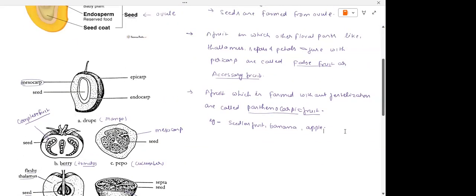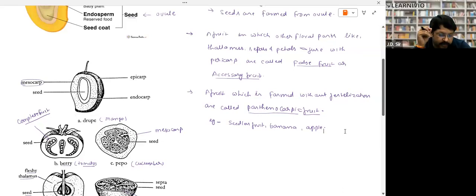No, I'm not done. Please note down. Then one more thing I will tell you: the aggregate fruit and simple fruit. I think that kind of division is not in your NCERT, but I will tell you a small definition. What is the aggregate fruit? What is the simple?